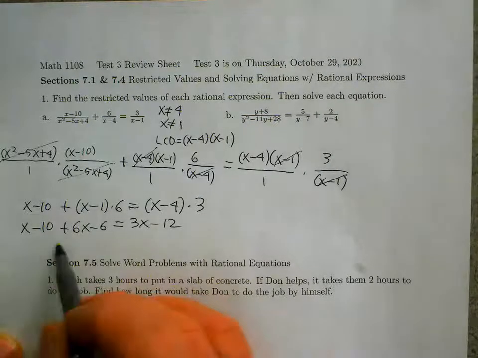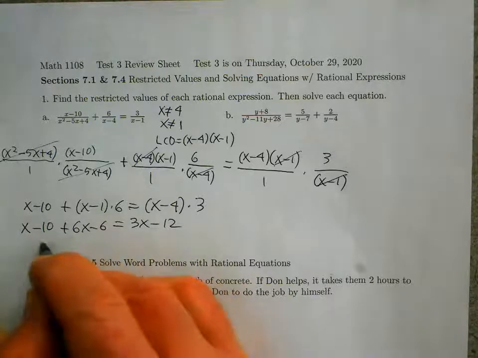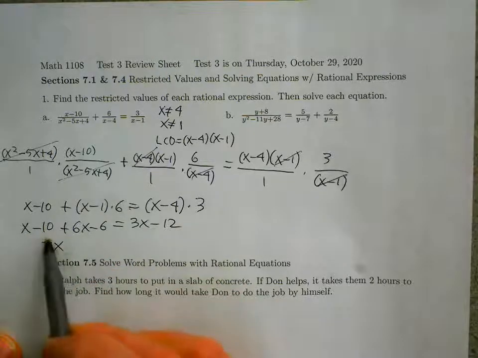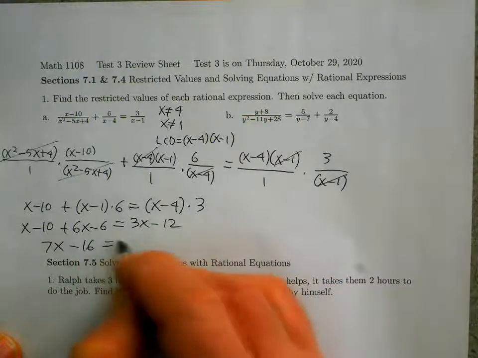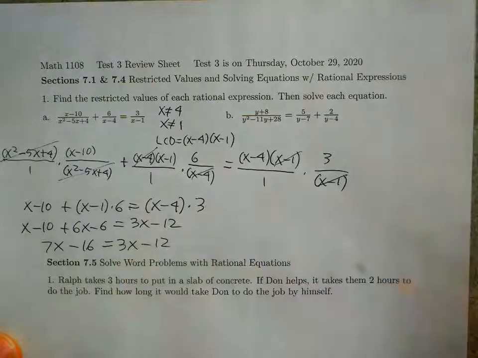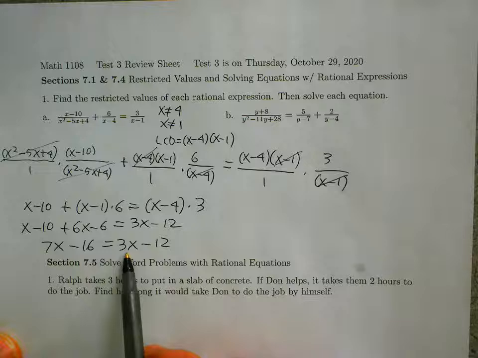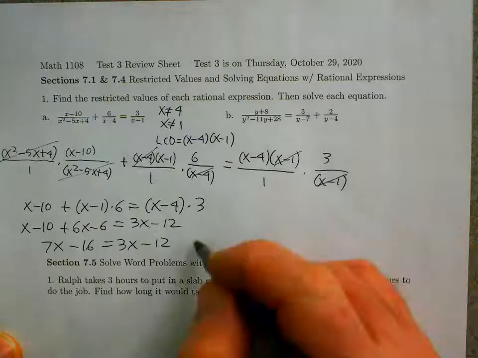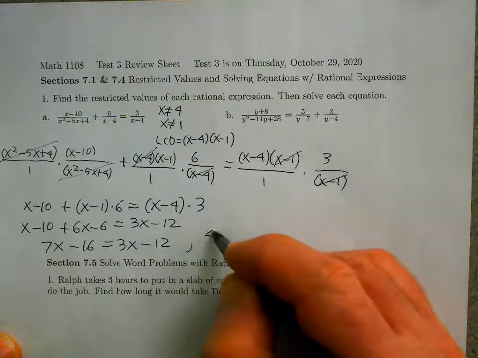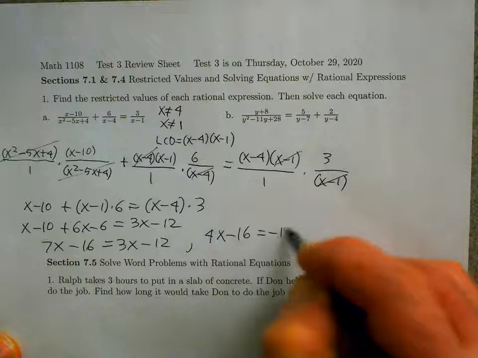Simplify the left-hand side, combine like terms: x plus 6x is 7x, minus 10 minus 6 is minus 16, equals 3x minus 12. Then we can subtract 3x from both sides. So we'll get 4x minus 16 equals negative 12.